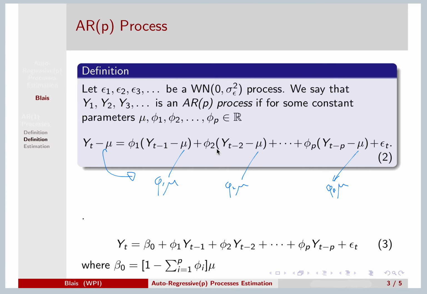And the result, when you combine all of these, is you have mu times 1. Notice that these mu's have negative signs associated with them. So 1 minus phi 1 minus phi 2 minus, so on and so forth, to phi p.